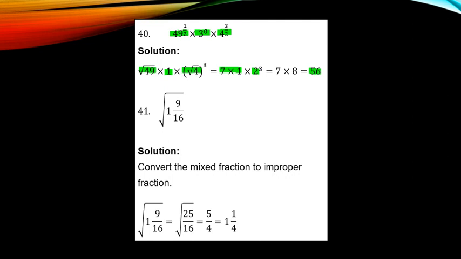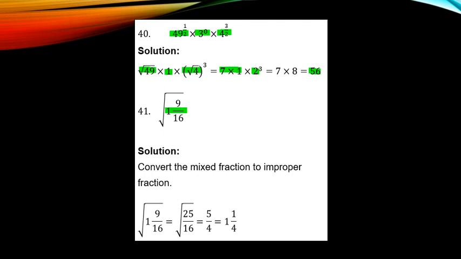Okay. Example 41. You have the square root of one whole number, 9 over 16. So we have to convert the mixed fraction to an improper fraction. Then we'll know what to do from there. So how do you convert?